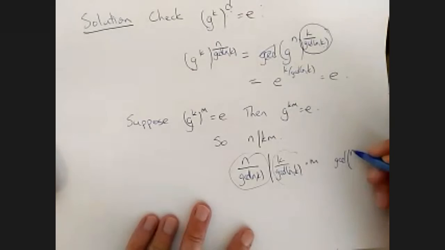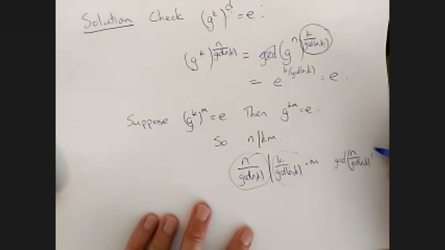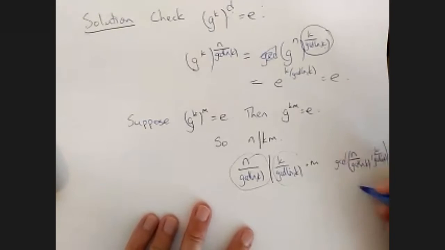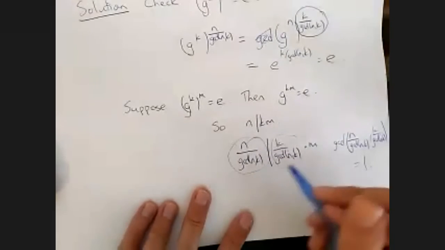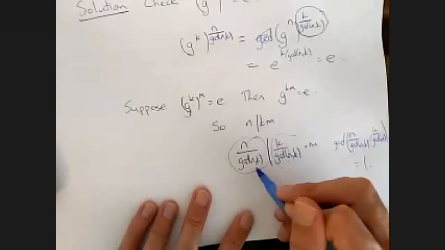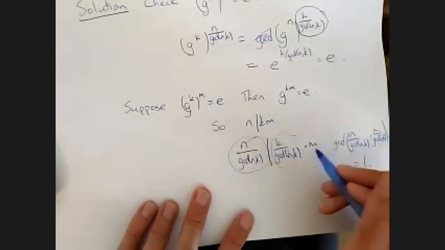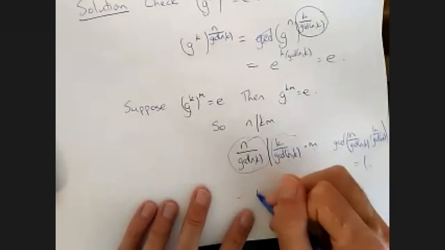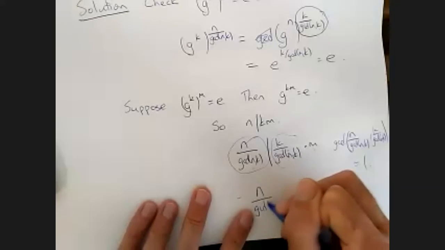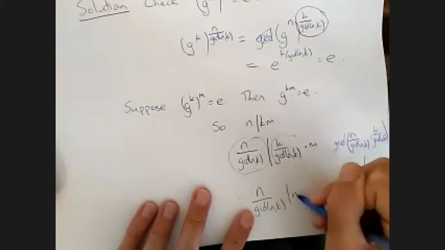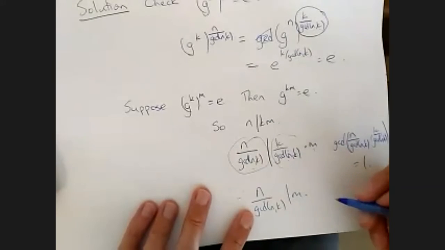So the GCD of these two things equals 1, and so they have no common factors. So since this divides this product, this thing has to divide m. And that's what we wanted to show.